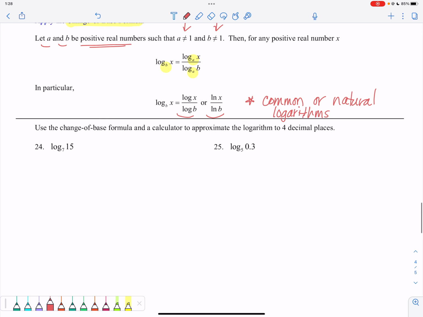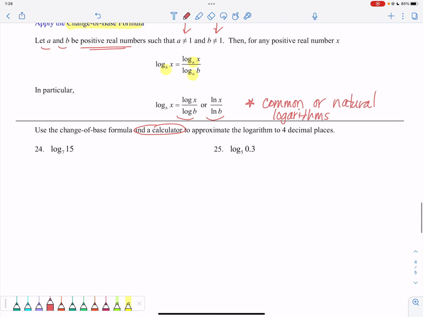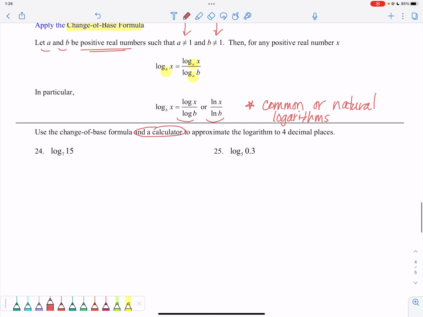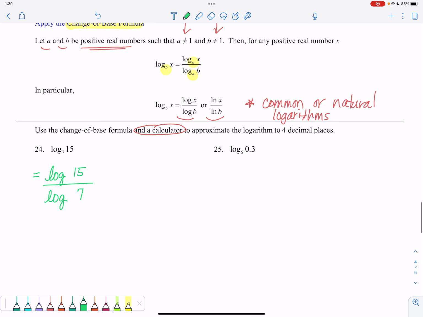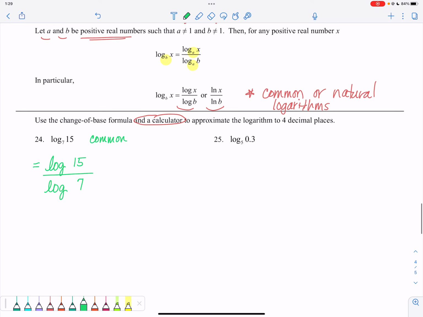So use the change of base formula and a calculator to approximate these logarithms to 4 decimal places. So let's give this a try. The log base 7 of 15 is equal to the log of 15 divided by the log of 7. So here we have used the common logarithm. You could have also chosen to use the natural logarithm, either way.